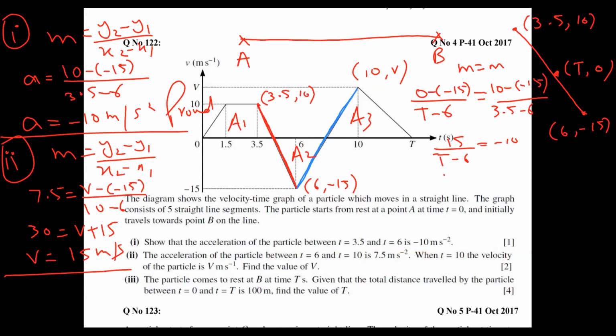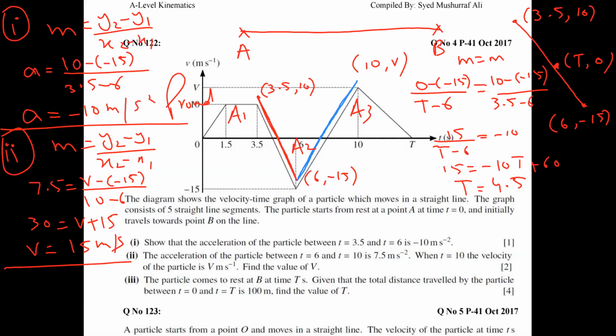Cross multiply: 15 is equal to minus 10t plus 60. So 10t comes on this end. Ultimately, 60 minus 15 divided by 10, I got 4.5. So I got a time. This time is 4.5. Similarly, I will find this time as well.